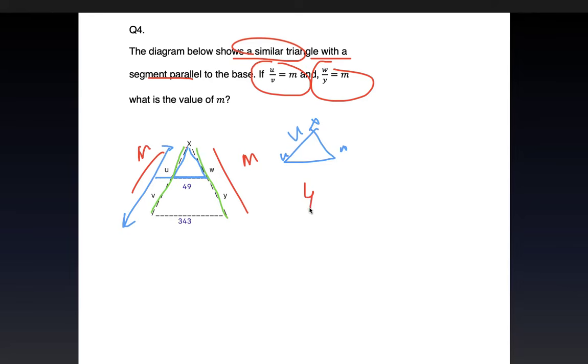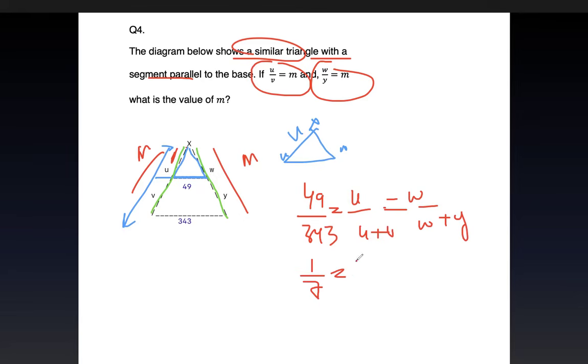I would say 49 over 343 is the same thing as what? U, that's this side, over the whole length, U plus V. Or is the same thing as W over W plus Y. And what would this give you? This will give you 1 over 7.